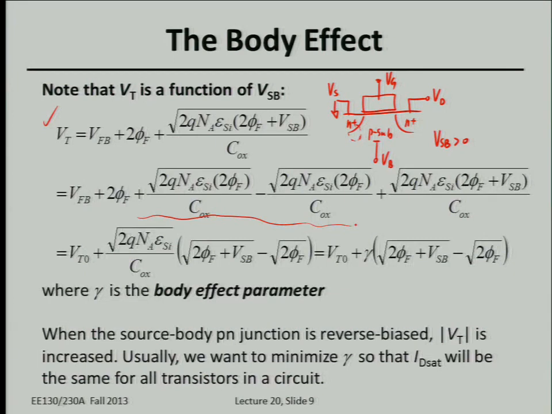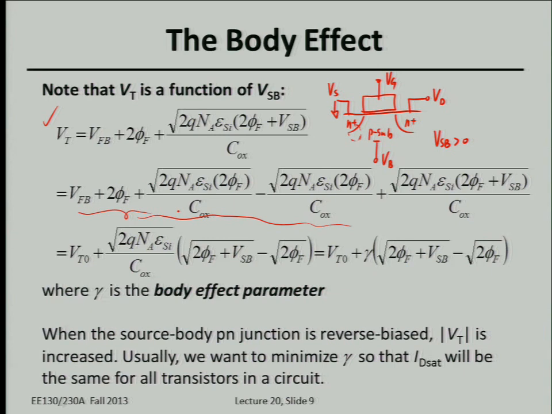If we rearrange the terms, the threshold voltage is equal to VT0, which is just the threshold voltage with zero VSB. If you ground the substrate and source, you just get VT0, the summation of the first three terms here, plus a difference capturing the potential difference under reverse substrate bias, subtracting the zero bias case.